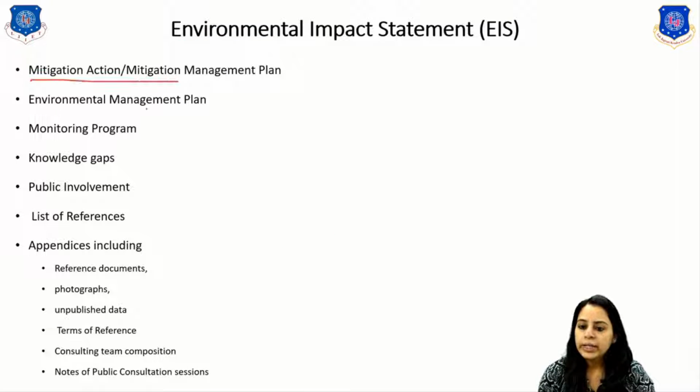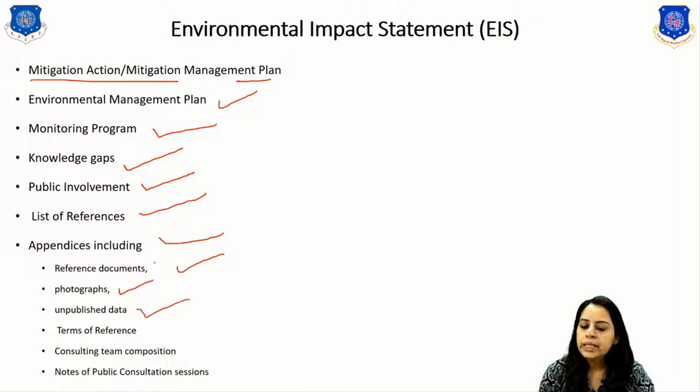Then mitigation action, mitigation management plan, environmental management plan, monitoring program, knowledge gaps, then public involvement, then list of the references, and the appendix including the reference documents, then photographs, unpublished data, then terms of reference, consulting team composition, then notes of the public consultation sessions, right?